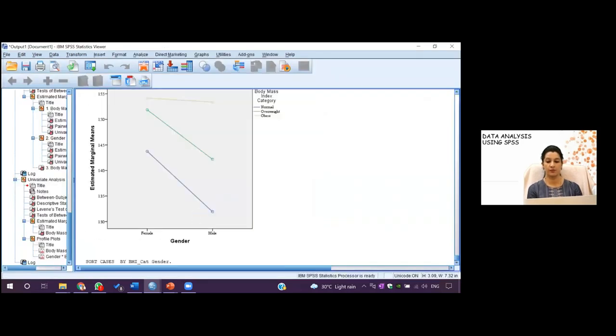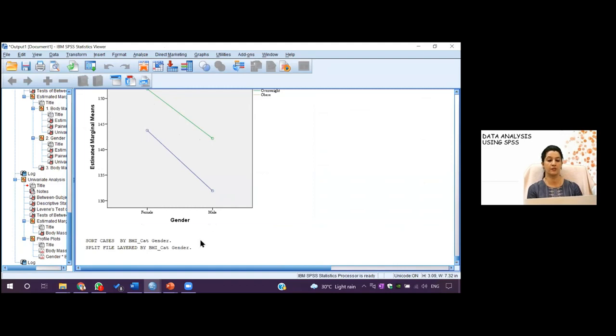If I press OK, you will see a command appear here, writing that it is split file layered by BMI category and gender. If that command appears, that means the command is successful. Now you have to do the assumption check of normality, box plot, and homogeneity of variance across cells.